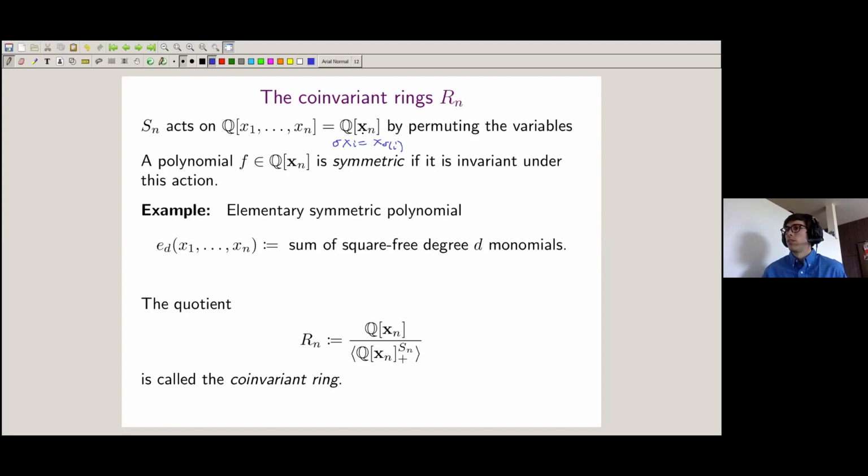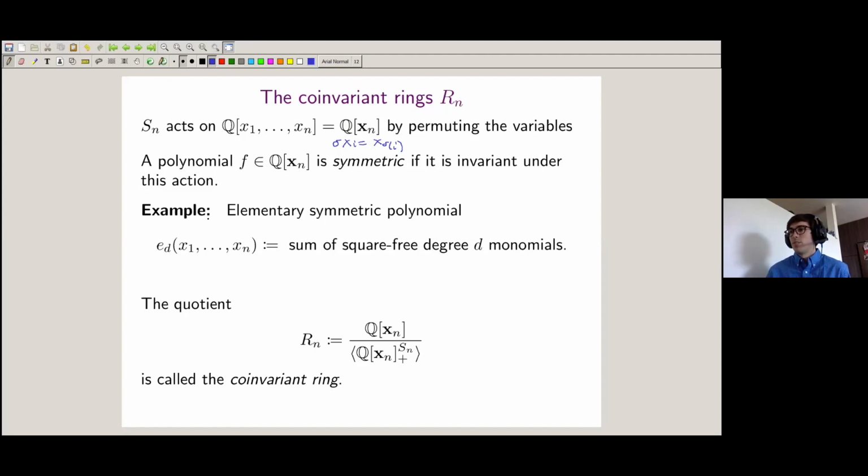We'll denote the polynomial ring just by Q[x_1,...,x_n] for short. And we'll say that a polynomial is symmetric if it's invariant under this action. So if you permute any two of the variables, it's invariant.